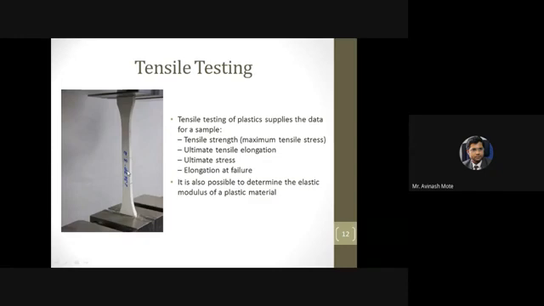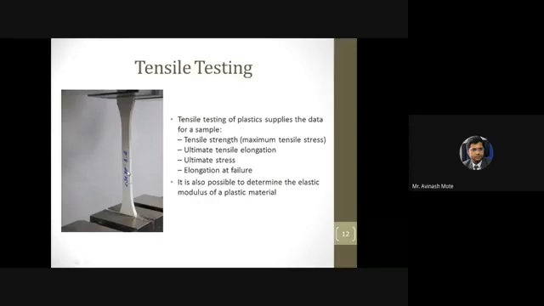Now the first answer I want from you is: have you performed the tensile test maybe in your second year, or have you heard about the tensile test? I think it is in metallurgy.